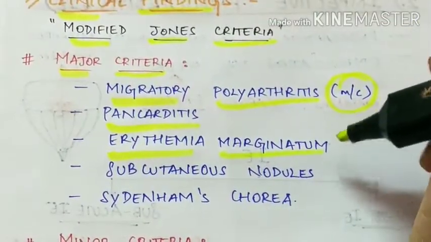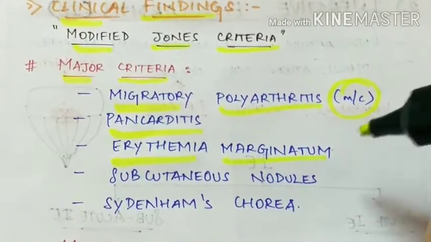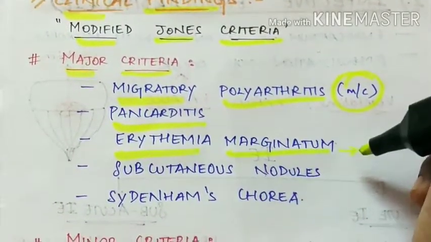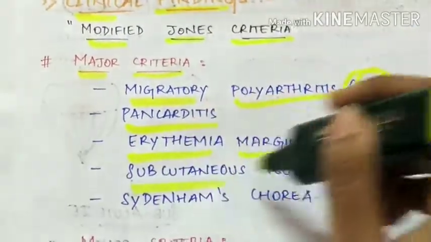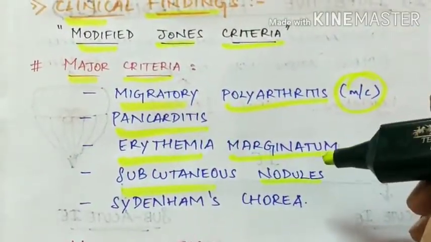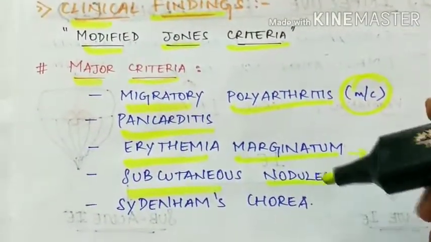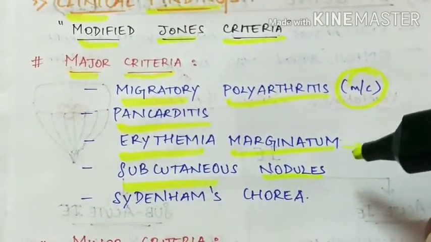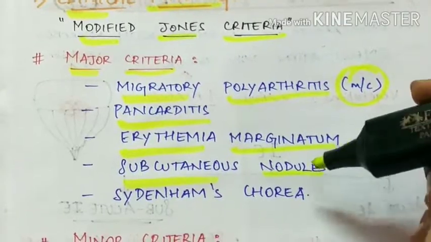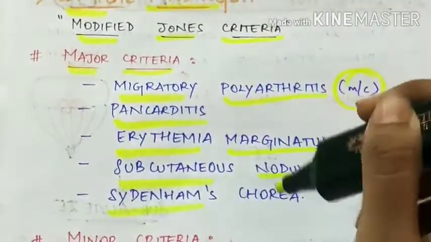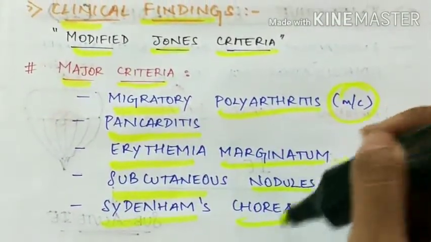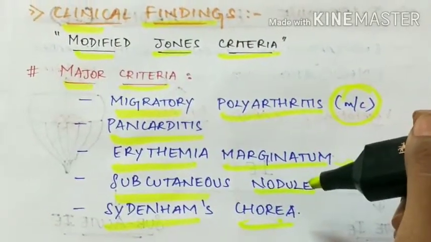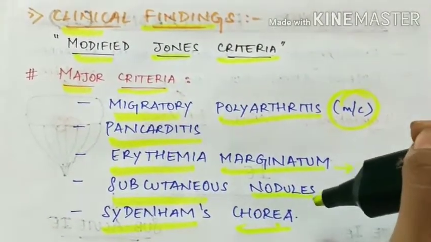This is a red rash which is most commonly seen in fair individuals, and this spares the face. Next are subcutaneous nodules. These are painless lesions seen on the extensor surfaces of elbows, shin and occiput. And the fifth is Sydenham's chorea. Chorea is purposeless involuntary movements, and the patient is emotionally labile.